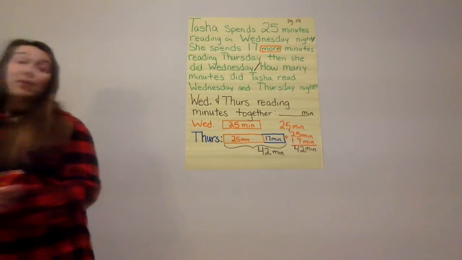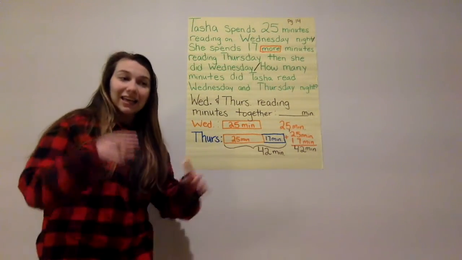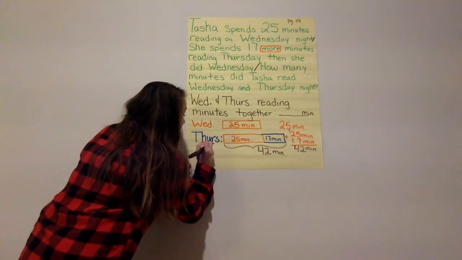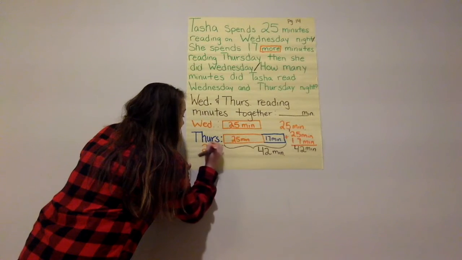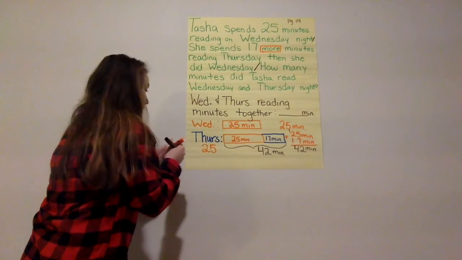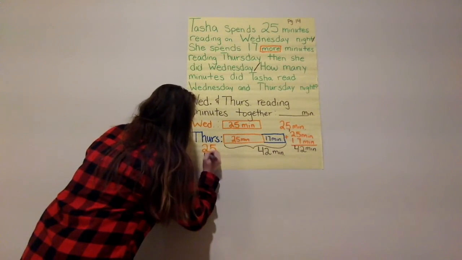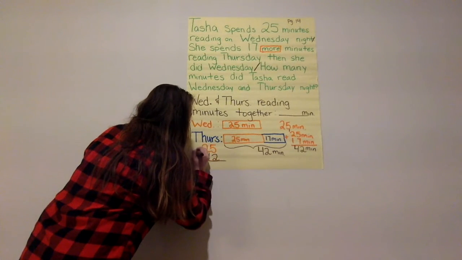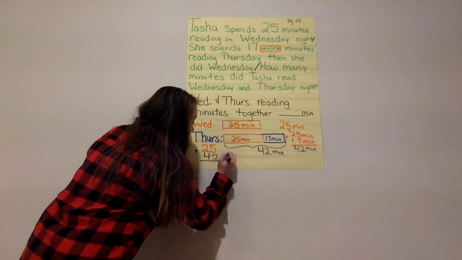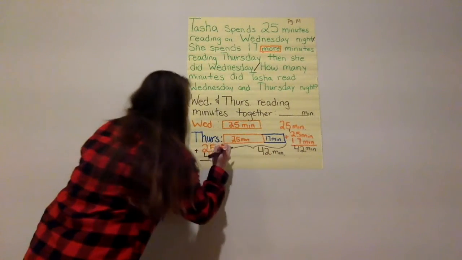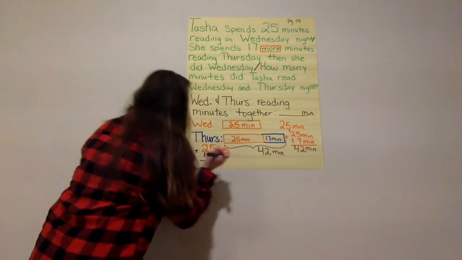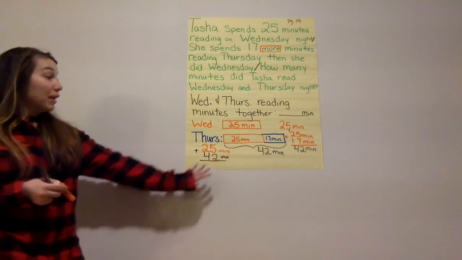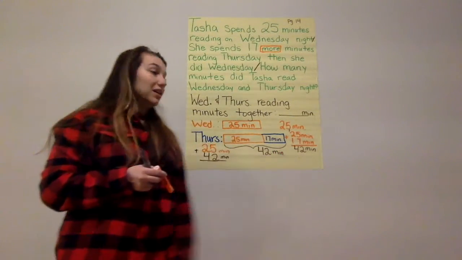All right, so remember, whenever you are adding, you need to make sure you line up those place values. So right over here, I'm going to do 25. Then I'm going to do 42. And remember, we are in minutes. And we are going to do the exact same thing we did when we added over here.